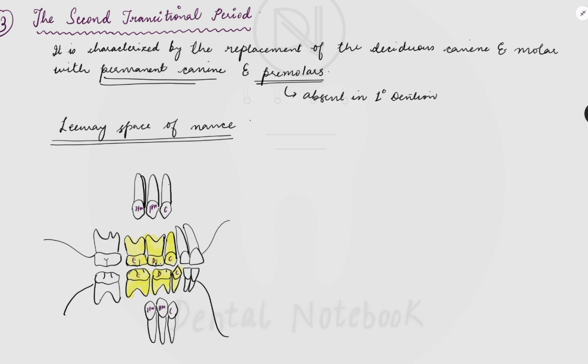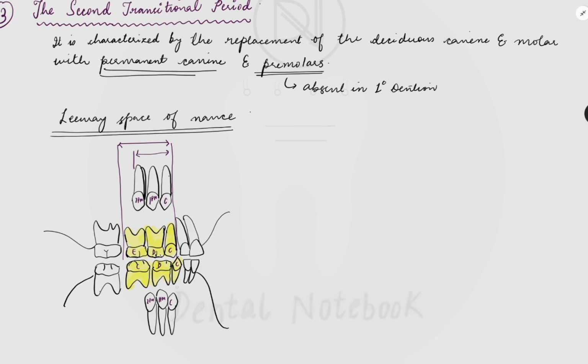Now over here, you will find that the mesiodistal width of the deciduous canine and molar is more compared to the mesiodistal width of the permanent canine and premolar. This is the maxillary case. In the mandible also, the mesiodistal width of the deciduous canine and molar is more than that of the permanent canine and premolar.